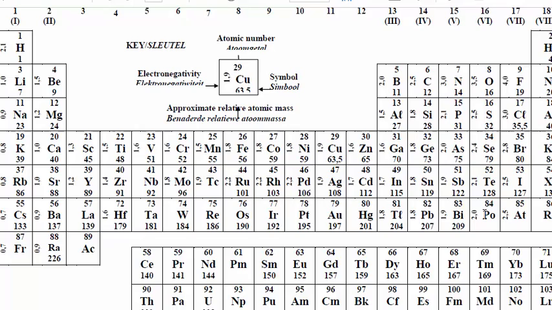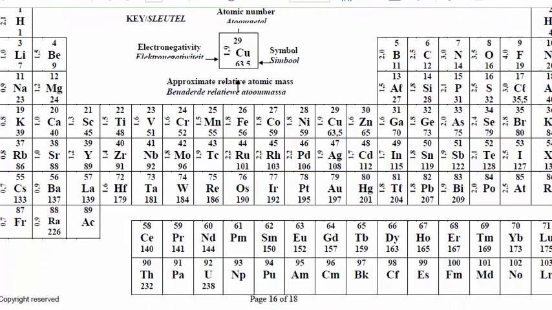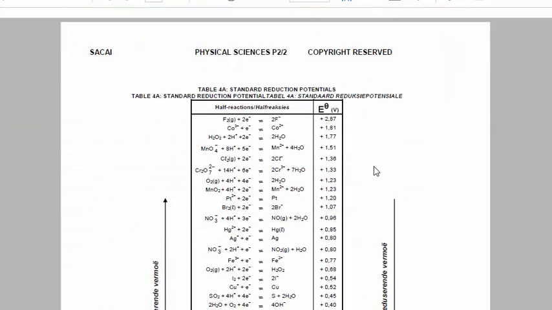Fluorine. Fluorine is one of the elements with the strongest ability because of its electronegativity. So if we go to our table down here, notice who's right at the top: fluorine.